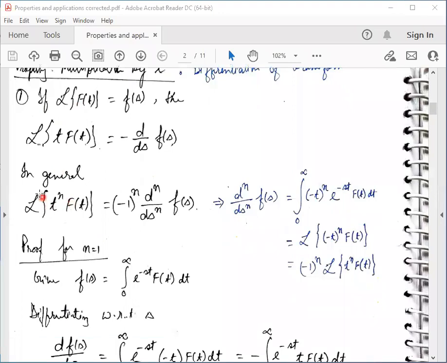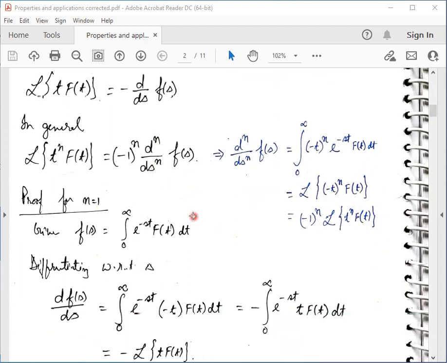In general, the Laplace transform of t to the power n times capital F would be minus 1 to the power n, the nth order derivative of f of s.